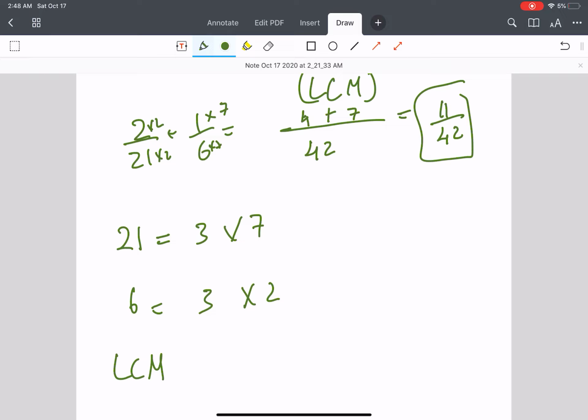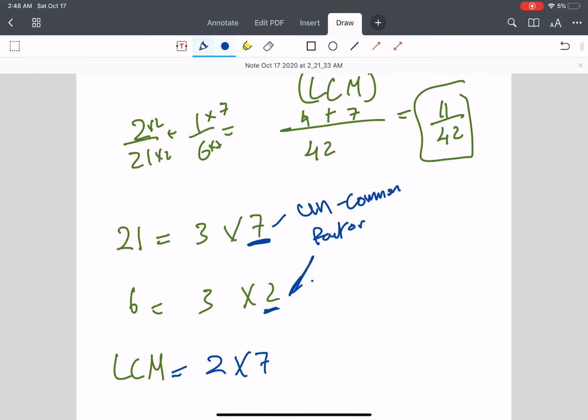To find the LCM, we factorize, and we take all the uncommon factors. 7 is an uncommon factor, 2 is an uncommon factor. Let me write it clearly.